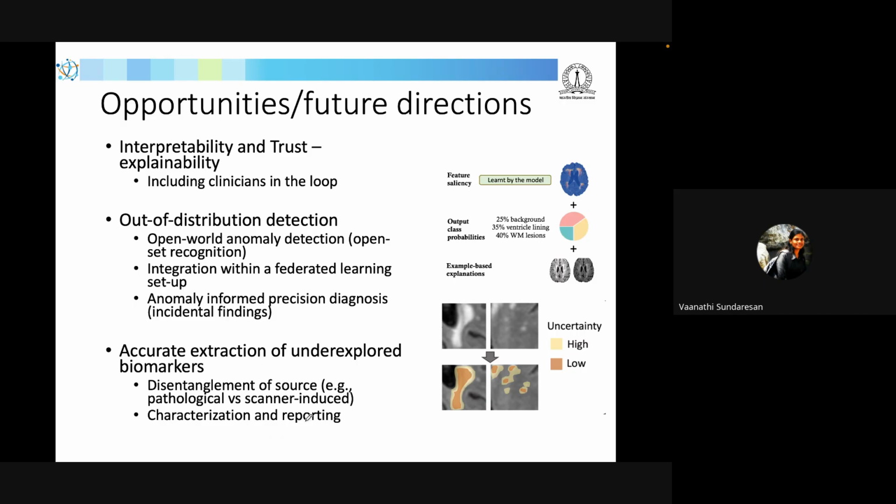We are not there yet, there is a long way to go, but there are methods developed to at least characterize the lesions and also write a few keywords about it from the bag of words, the internet of things, like that, which is quite useful. And also we are moving in the right direction of reporting, but as I said, it's a long way to go and requires a lot of feedback and also a lot of evaluation from the clinicians as well.